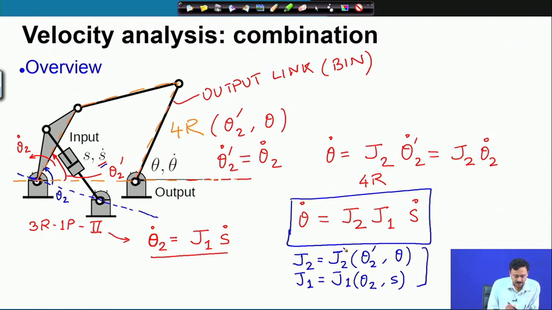Now, the relation between theta 2 and theta 2 prime is also very simple. If you look here, let us call this angle some alpha. Then you can very easily see that theta 2 prime is equal to theta 2 minus alpha.